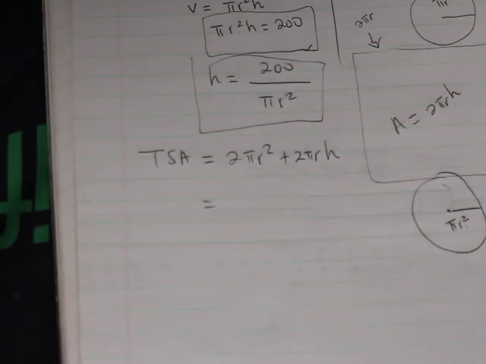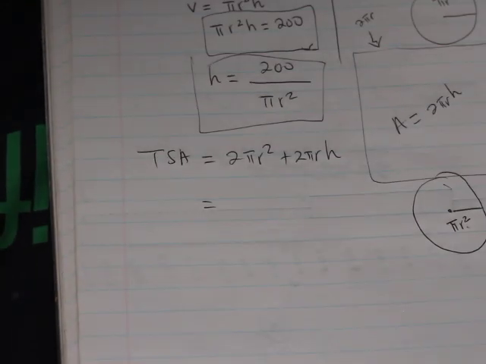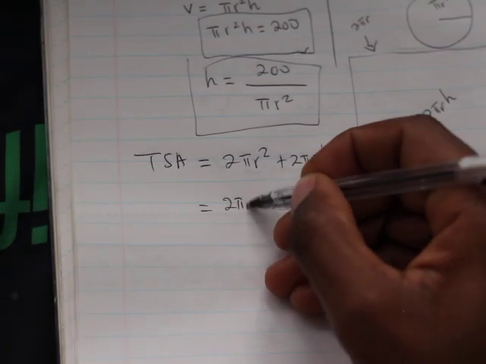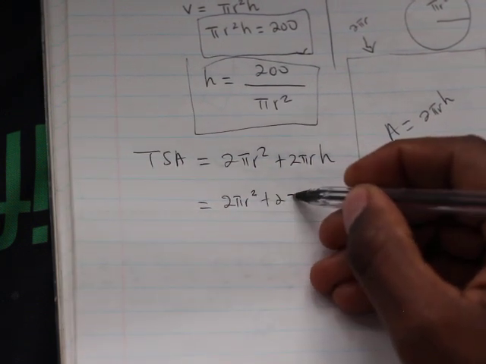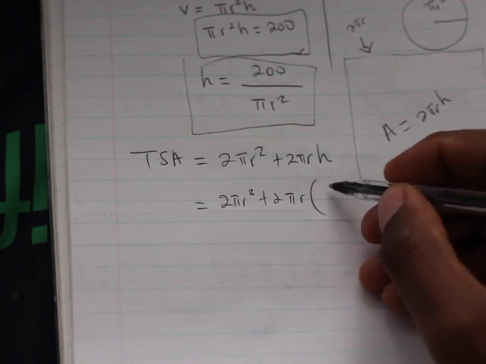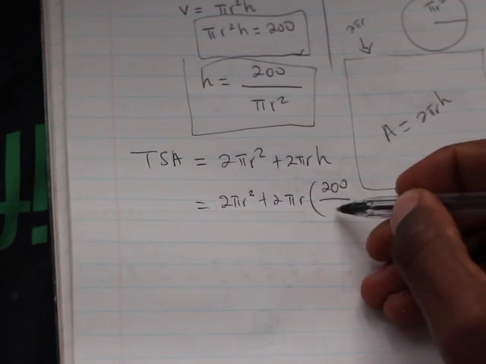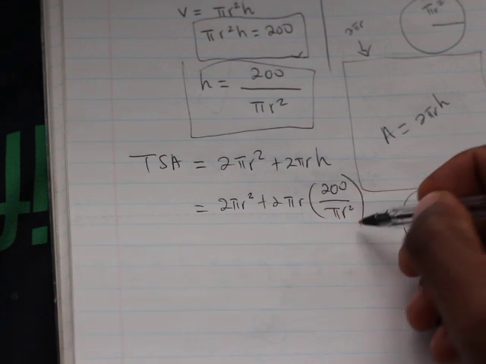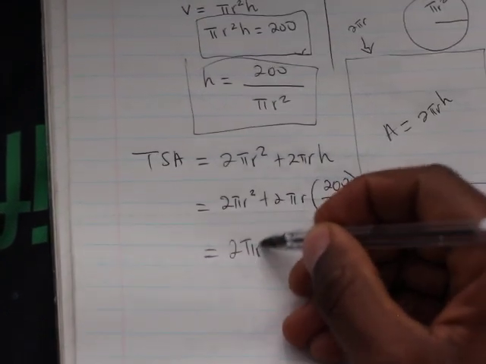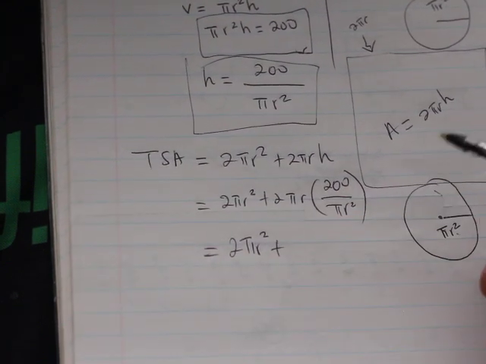of which the surface area of the glass is at minimum. So you already know that if we must find the value of R, our equation must be in terms of R. So everything else needs to be removed. So now 2 pi R squared plus 2 pi R, and remember we're removing the H, so H is just 200 over pi R squared. So this then becomes 2 pi R squared plus what?